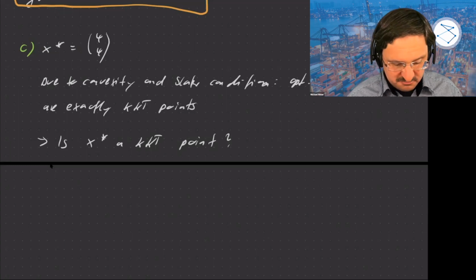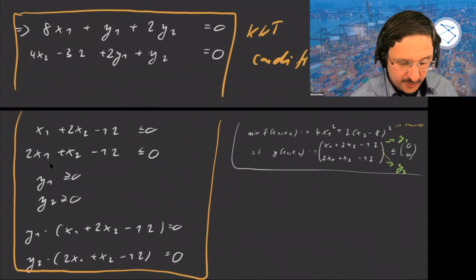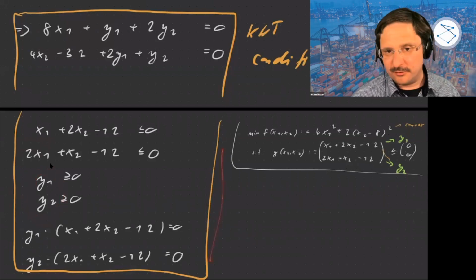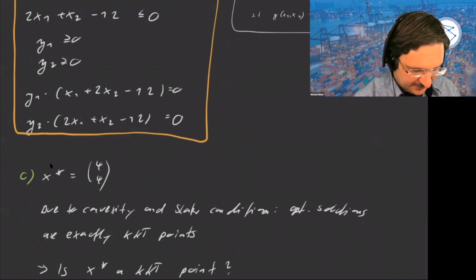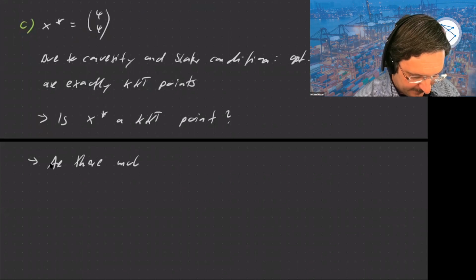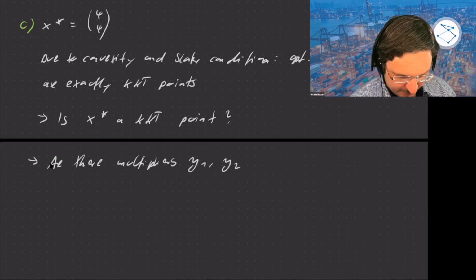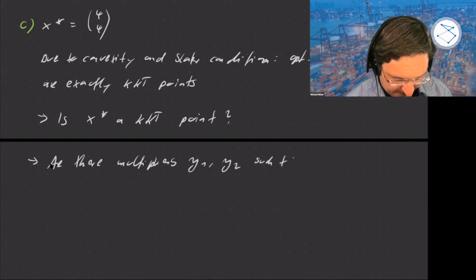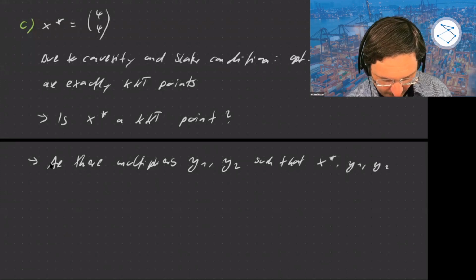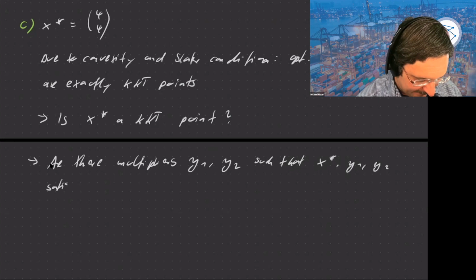What that means is, are there suitable multipliers y1, y2, such that x star, y1, and y2 satisfy the KKT constraints?